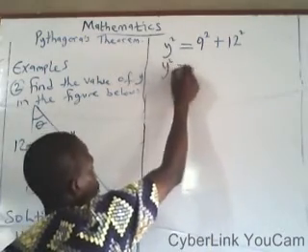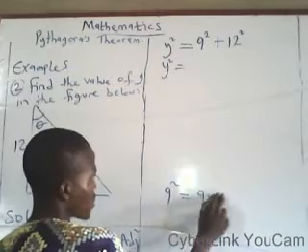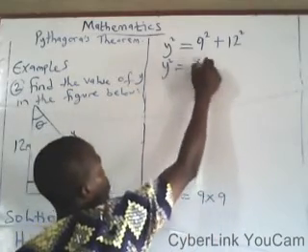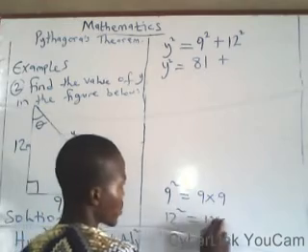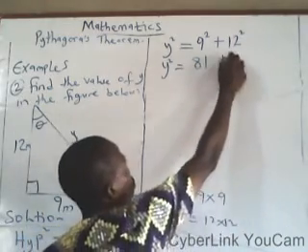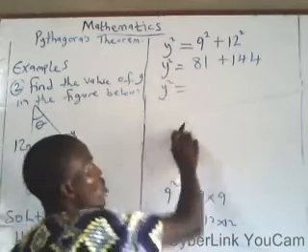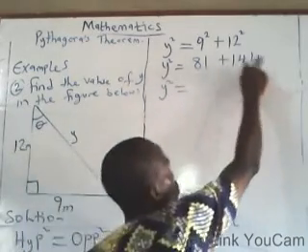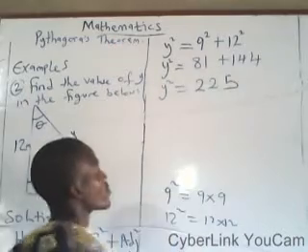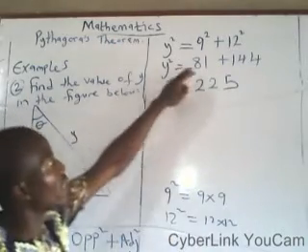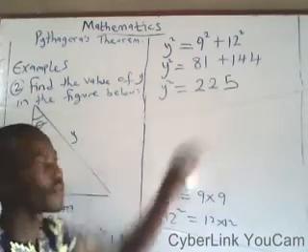Now y square is equal to 9 square, which simply means 9 times 9, which is 81, plus 12 square, which means 12 times 12, and that is 144. y square is equal to 81 plus 144. If you add 81 plus 144, that is going to give us 225.